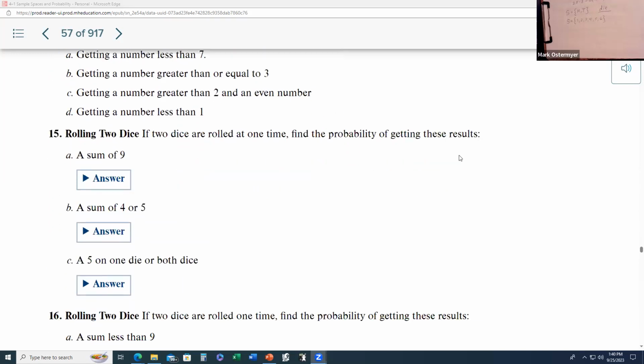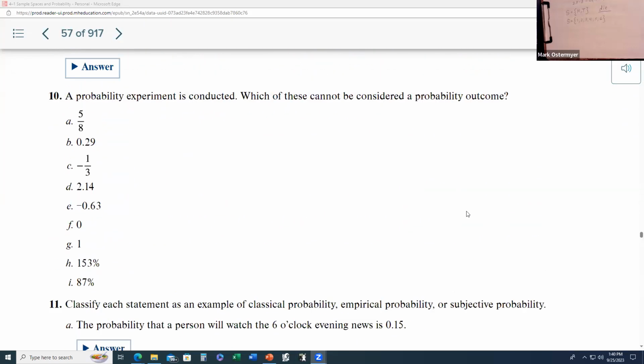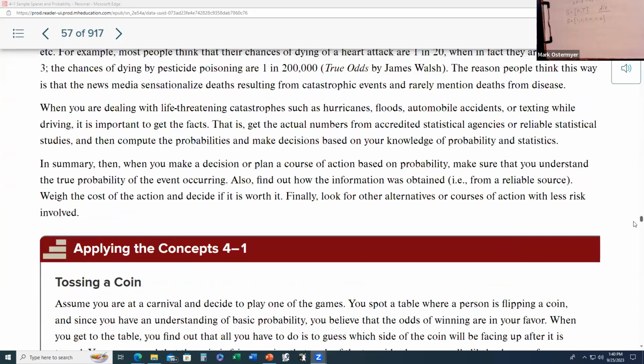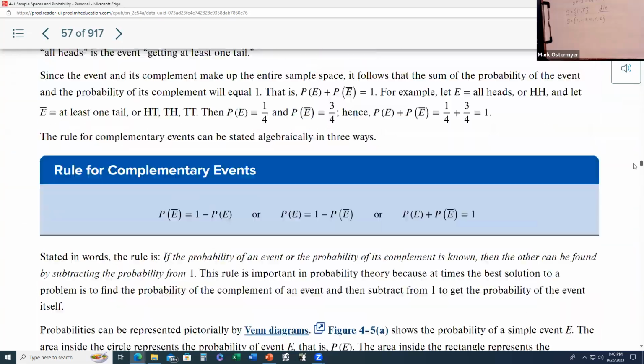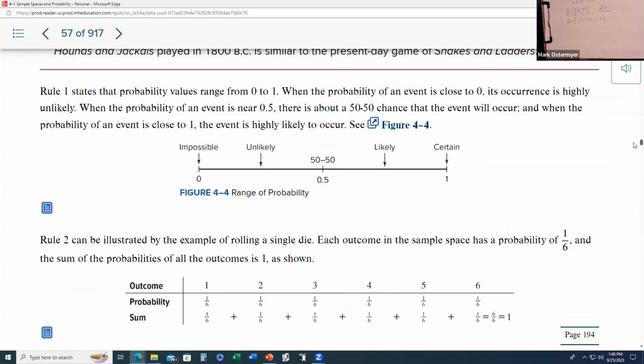All right, let's move on. Now for this problem here, ladies and gentlemen, I would have to go back in order to answer these questions. I would have to go back and snip this picture here.